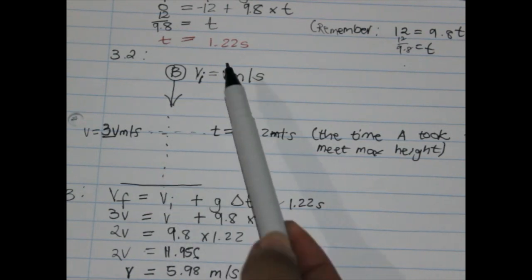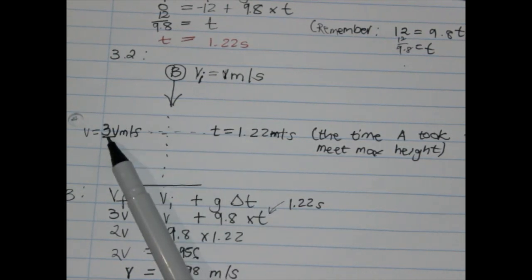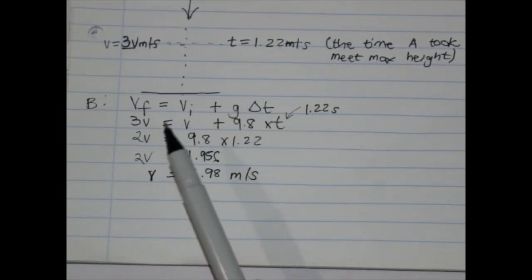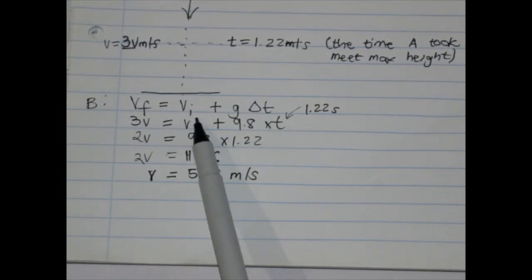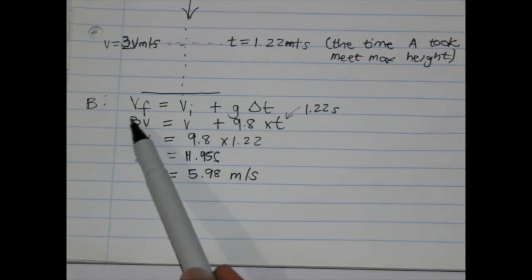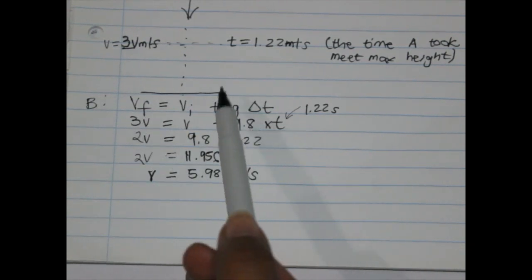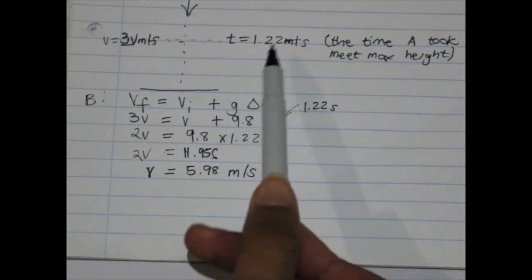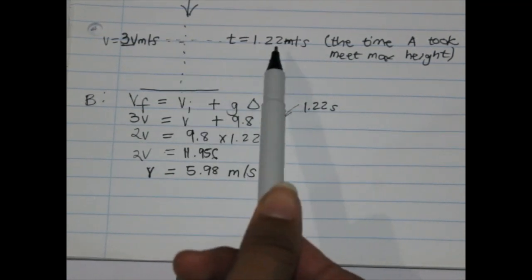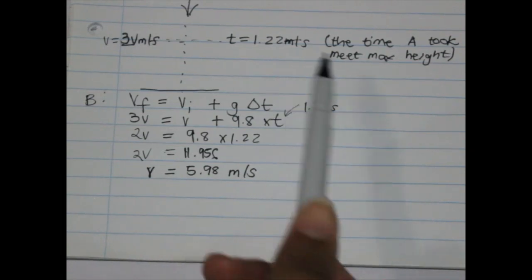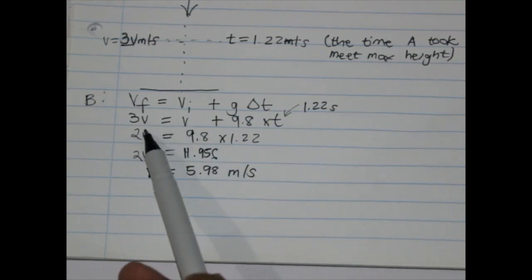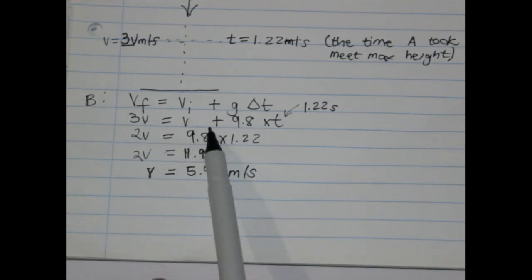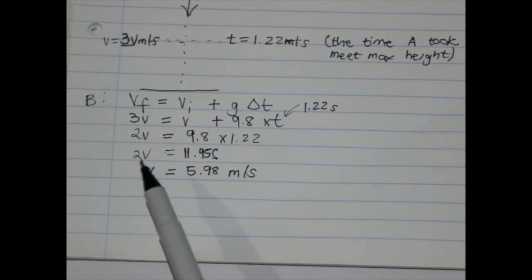Now we have three sets of information. We can then continue using this equation because now we have our initial velocity, we have our final velocity, we have gravity that is always constant, and we have time as given by the previous question 3.1. Once we fill in all of this information, we substitute it into the relevant positions.